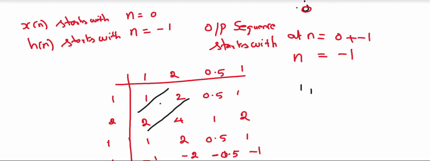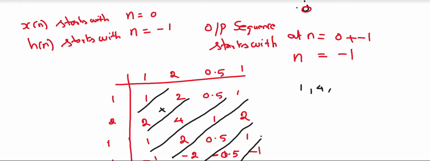The output sequence will be 1, then 2 plus 2, 4, then the third will be 5.5, 1 plus 4 plus 0.5. The diagonal elements must be added.